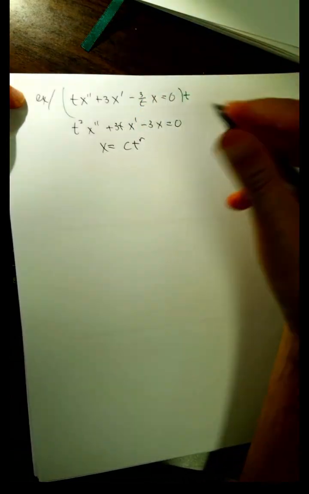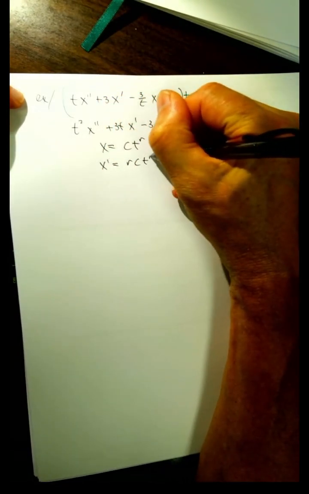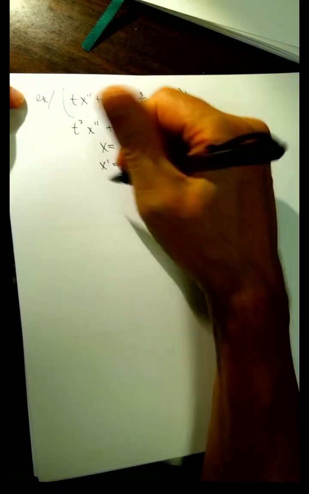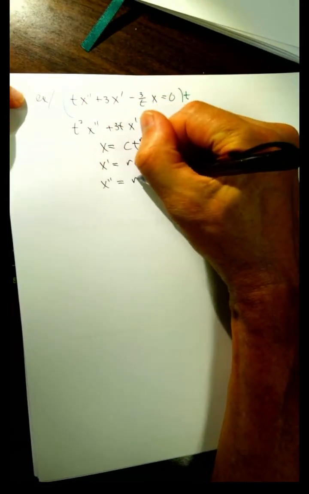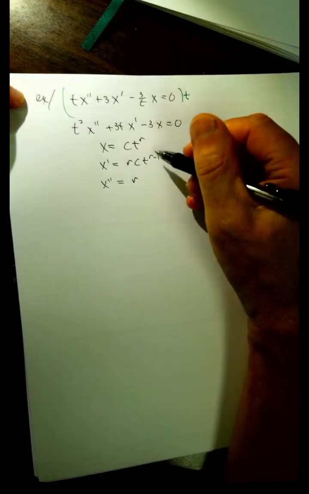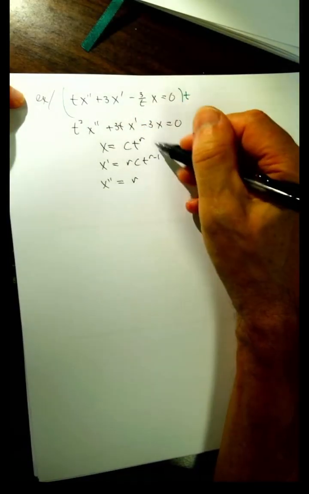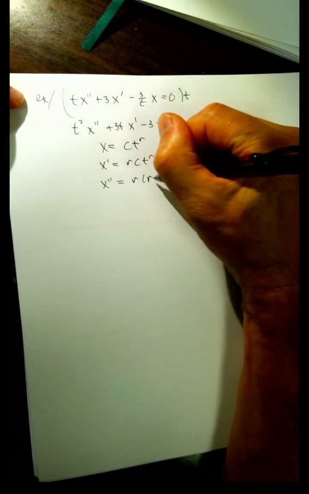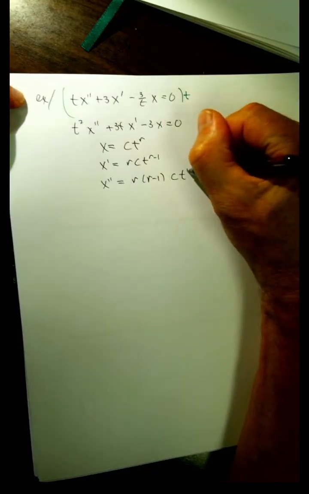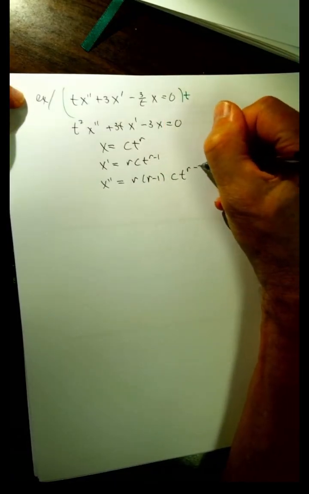I get c t to the r. I'm going to plug this in, so I need to take the first derivative. I get r times c t to the r minus 1. For the second derivative, when I take the derivative, the r minus 1 comes down and I reduce the exponent, so I'm left with r times r minus 1 times c times t raised to the r minus 2.